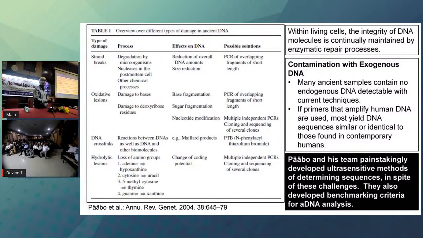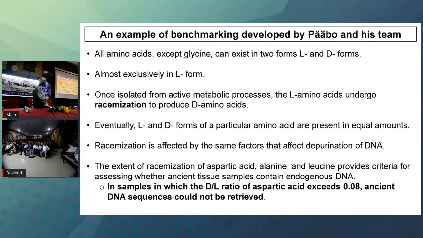There is yet another big problem, which is called racemization. When amino acids, which are encoded by the DNA, live within us, they are available in two forms, left-handed form and right-handed form. When they're outside of the body, not doing any physiological processes, there is conversion from one form to another.